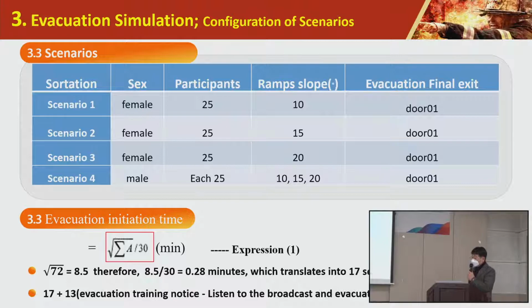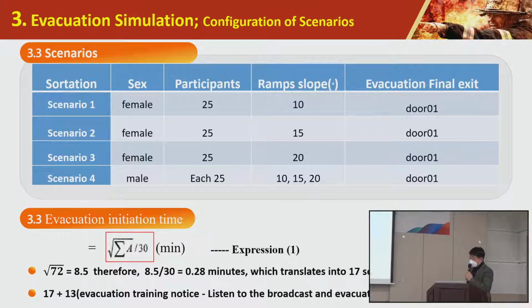This slide is the configuration of scenarios. Scenarios 1, 2, and 3 have the same number of participants, 25 female. And the slope of each scenario was changed to 10 degrees, 15 degrees, and 20 degrees.